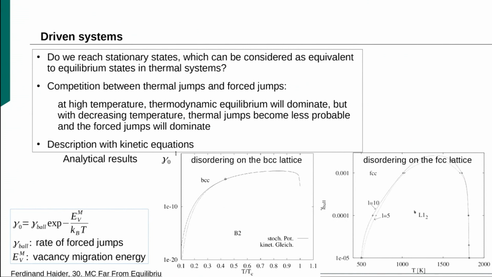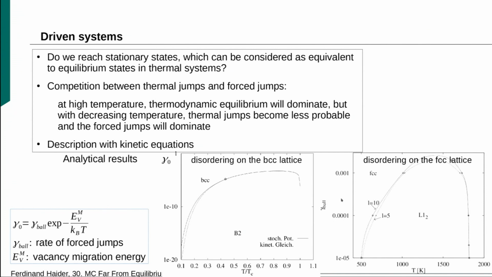You can play the same game for the FCC lattice, the L12 ordered structure on the FCC, but the shape of this curve is very much the same. There are also further enhancements of these ideas, denoted by this L, which are not that important. So that's the basic idea.